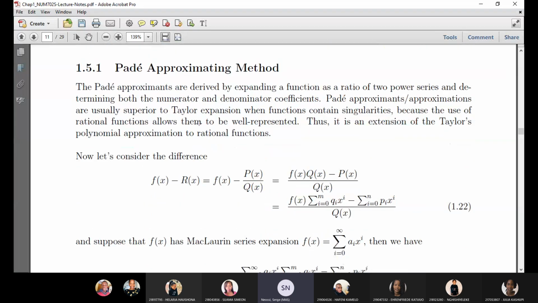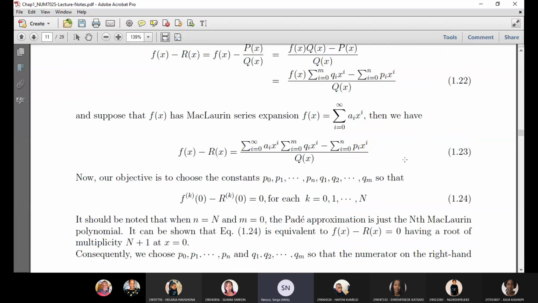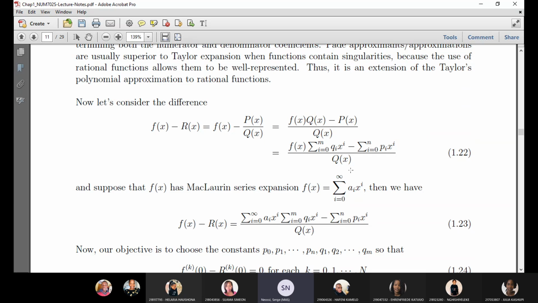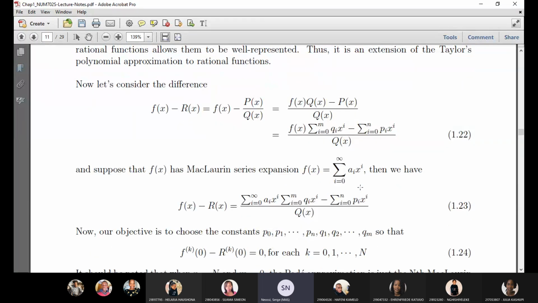That is the purpose now. We are going to design our algorithm in such a way that we will not require these terms in the Maclaurin series expansion of f(x). Now, how do we go about it?